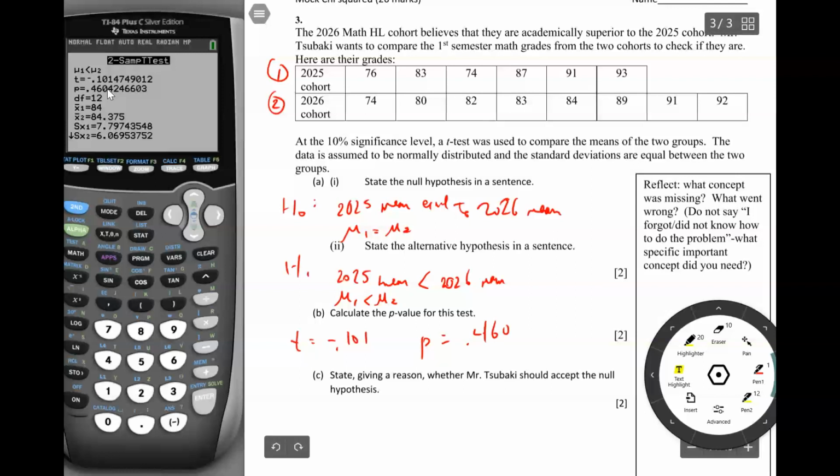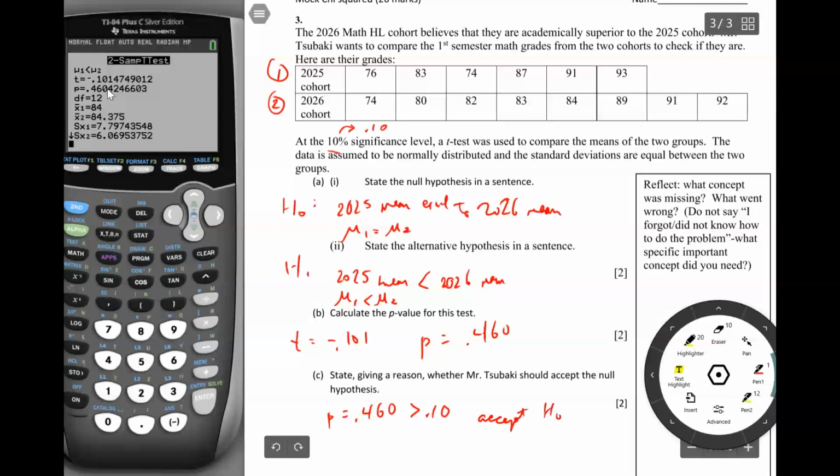And state giving a reason whether Mr. Tsubaki should accept the null hypothesis. So I'm going to use the p-value to determine whether I should accept it or not. Of course, I'm going to compare it to the significance level because the p-value is always compared to the significance level. The significance level here is 0.10. I always need to convert it to decimal. 0.460 is greater than 0.10, which means that we accept the null hypothesis.